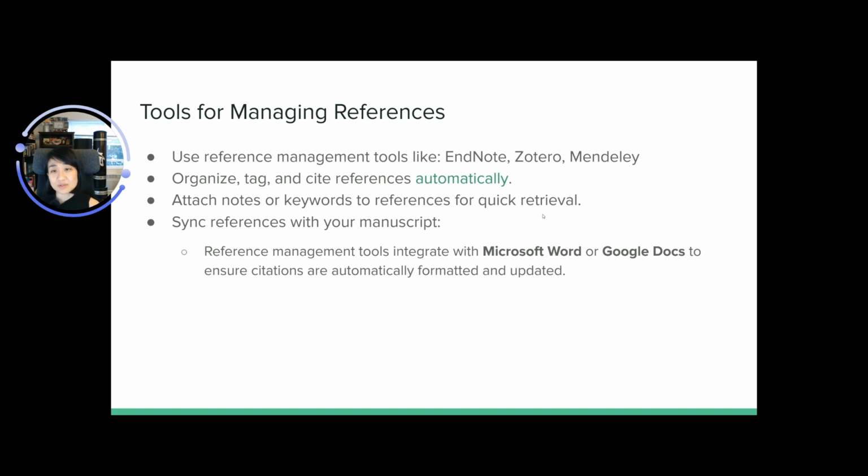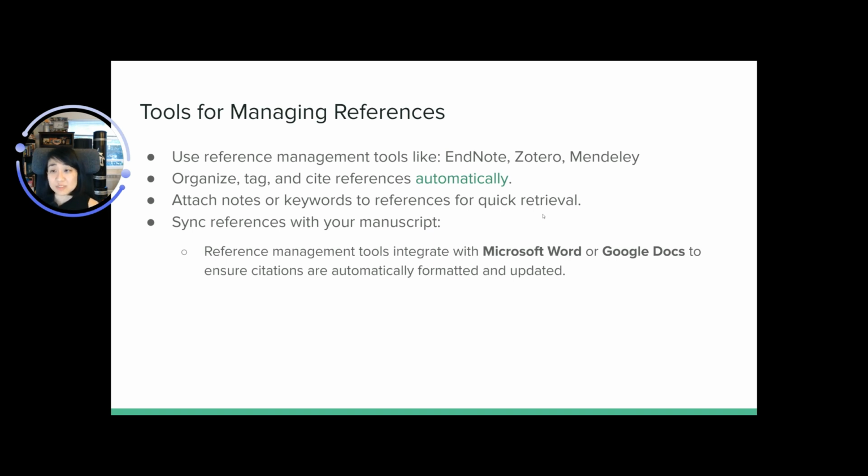Why you want to use a management tool is because you can organize, you can cite, and then the references get updated automatically. When you move, like, this citation down 2 paragraphs, or you delete 1 paragraph, it will automatically update the number.